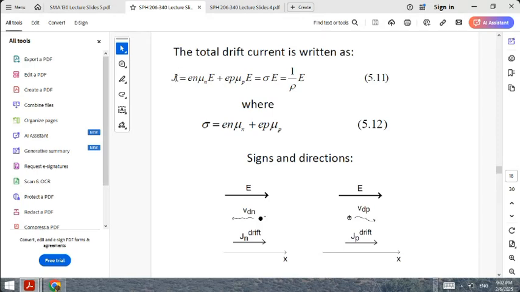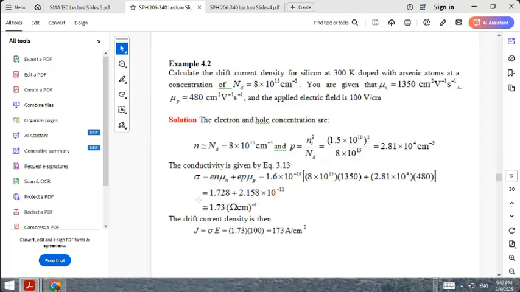And we get back to this here, that once we know the conductivity and multiply it with the E, then we get the current density. So we have sigma, which is the conductivity. When you multiply sigma by E, and we are given E is 100 volts per centimeter, we get the current density.